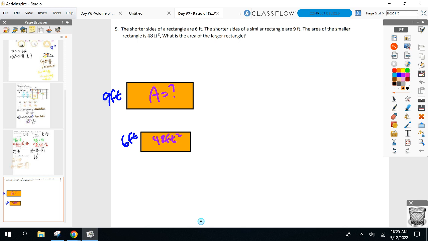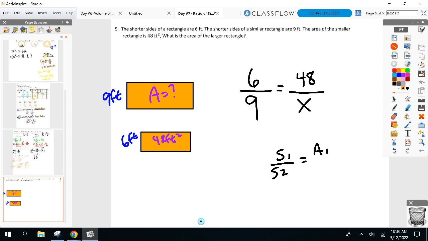Let's see how far we have come today. What's the similarity ratio? 6 over 9. Area of the smaller one is 48. What's the area of the bigger one? Hopefully you're not solving that. Hopefully you have a problem with what I wrote up there. If you're going to cross multiply and solve that, you're telling me 6 over 9 is the same as the areas.